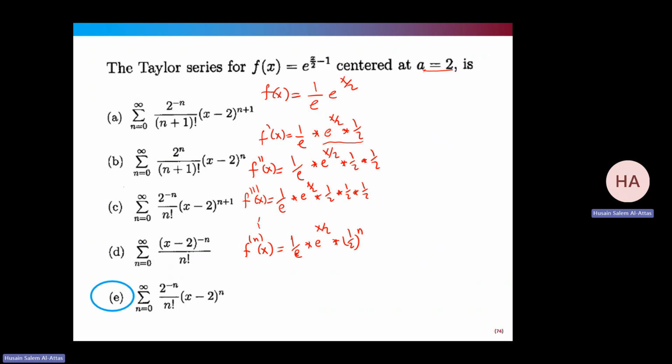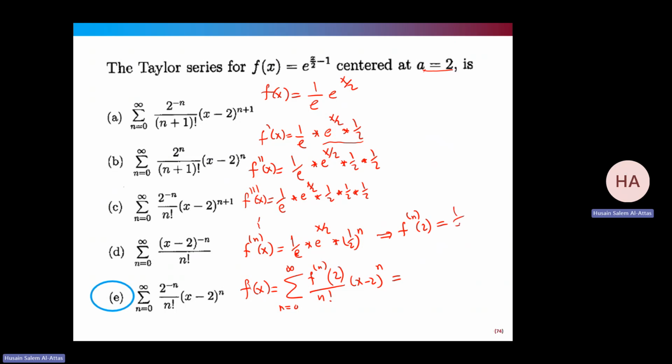So what will be the Taylor series? f of x will be the summation n equals 0 to infinity of the nth derivative at a, which is 2, over n factorial, times x minus 2 to the power n. What's the nth derivative at 2?